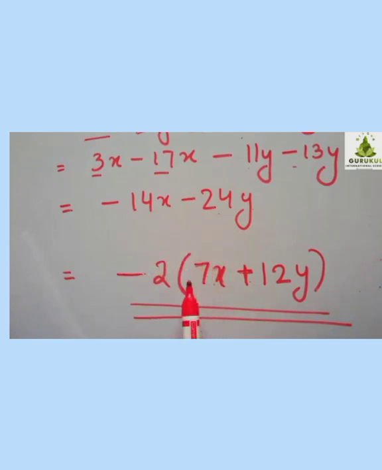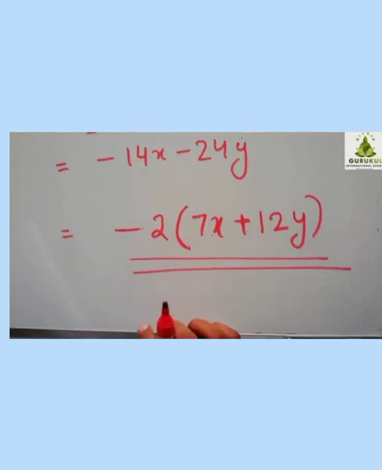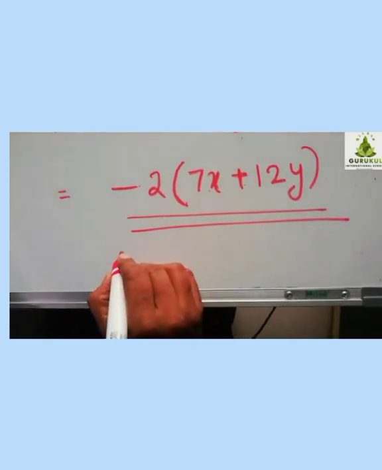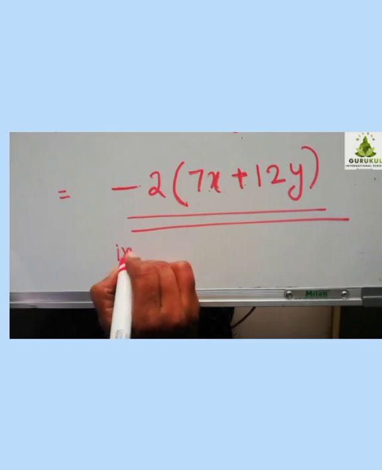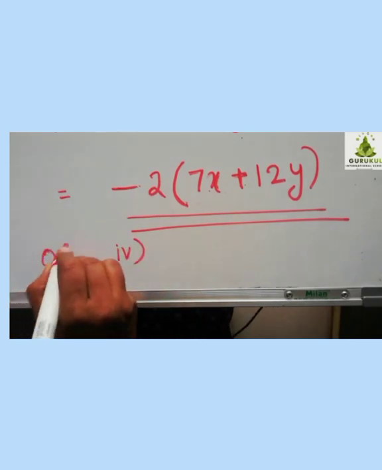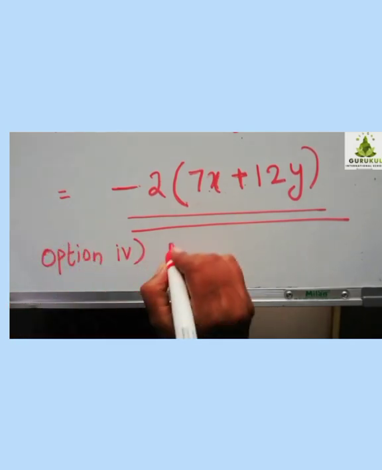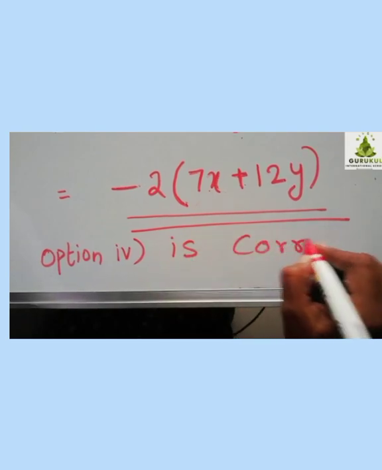Is that clear to you? See the 4th option given there, that is the correct option. Choose the right answer. So finally you will write option number 4. Option 4 is correct. Is it clear to you? And complete this.